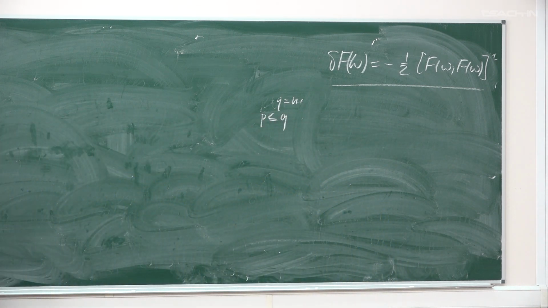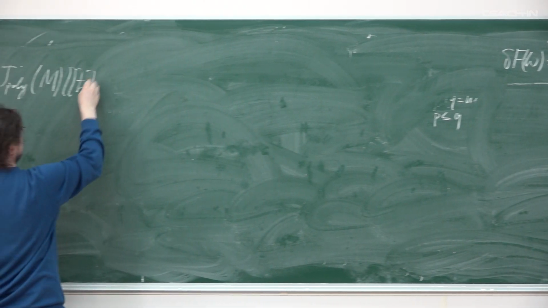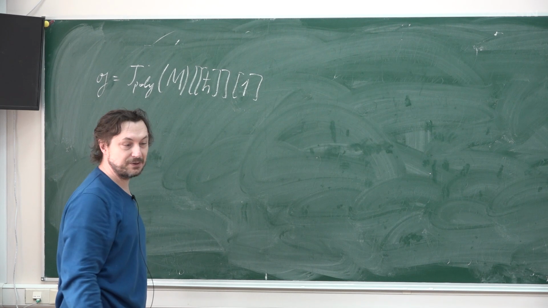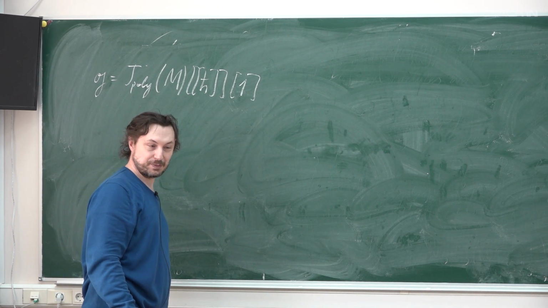We have two differential graded Lie algebras, G equal to the space of polyvectors on M extended by h bar and shifted. This shift is different from the shift used in the definition of an L infinity algebra.